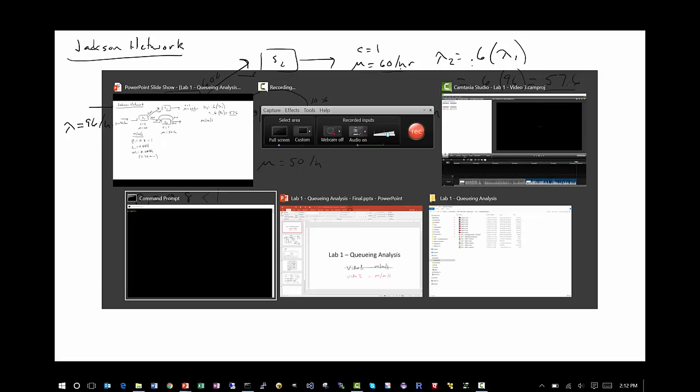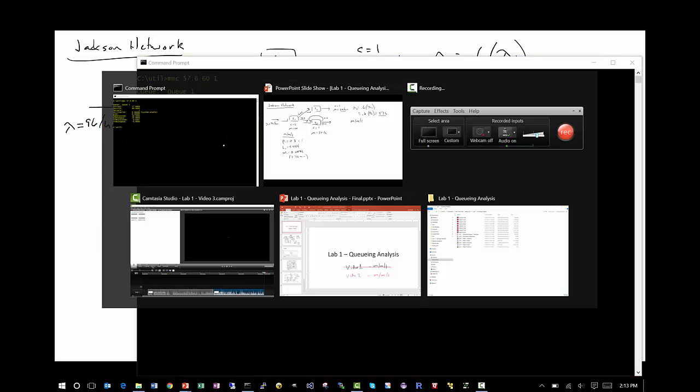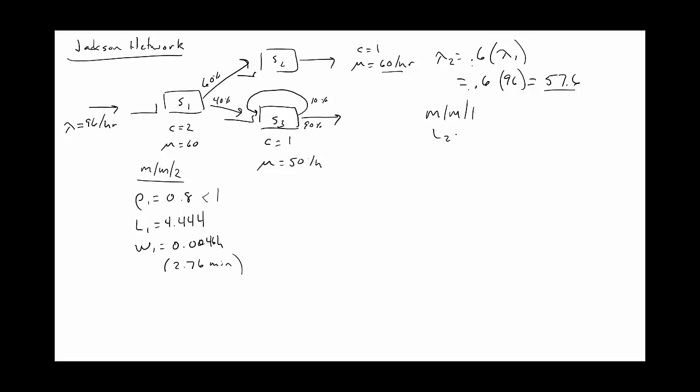And so I'm going to jump over here rather than doing that by hand to just use our MMC program. 57.6 is our arrival rate, 60 is our service rate, 1 is our server, and so we can see that we expect 24 entities in the queue, and the time in system is 0.4167. So L2 ends up being 24, and W2 is 0.4167 hours, or 25 minutes.